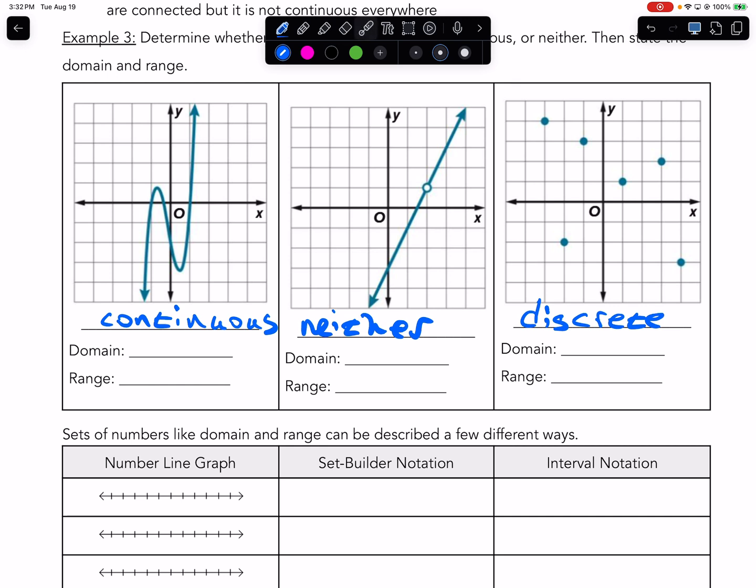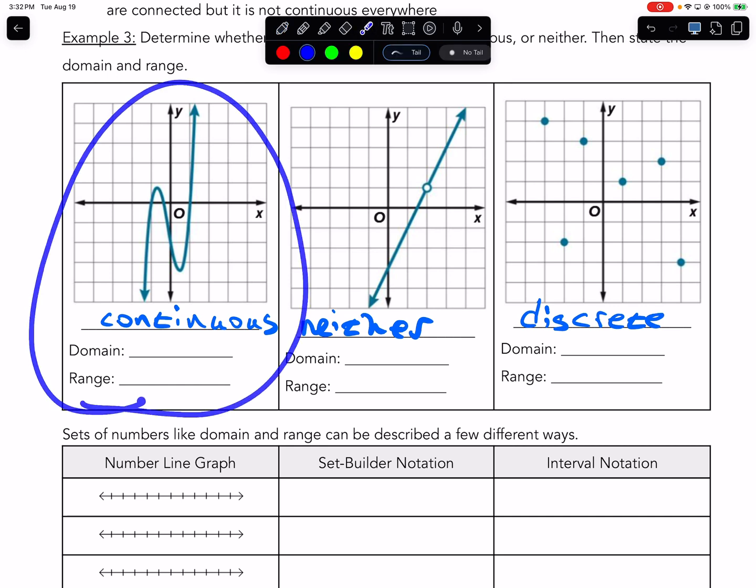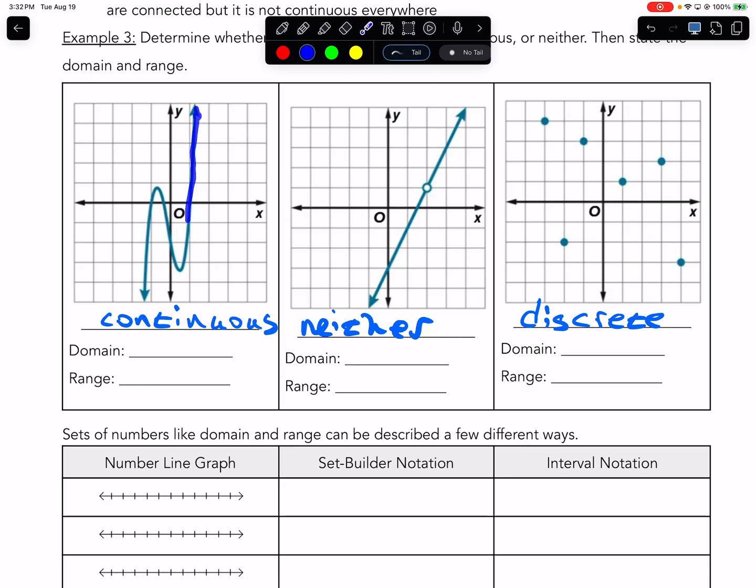If we look at this first graph here, what's the domain? Because this angles out ever so slowly, will it include all positive x values? Yes, it will. Will it include all negative x values going down like that? So what is it? All reals. How about y, the range?